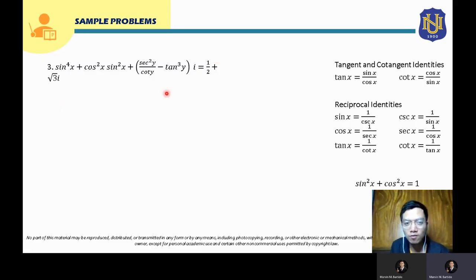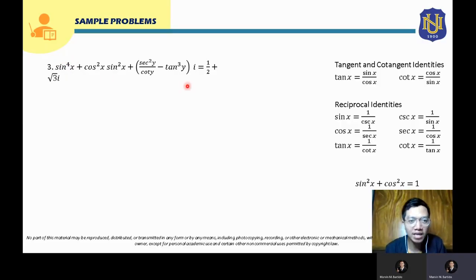Again, applying equality of complex numbers, the complex number on the left side is equal to the complex number on the right side. So we first have to simplify this left side, for us to equate it to the right side, so that our equation will be simple.